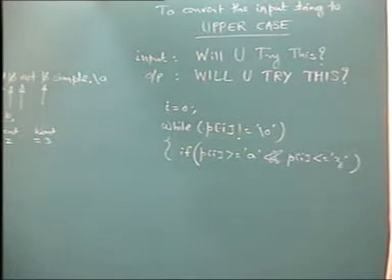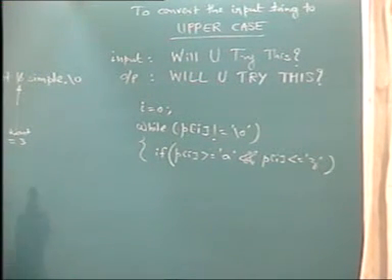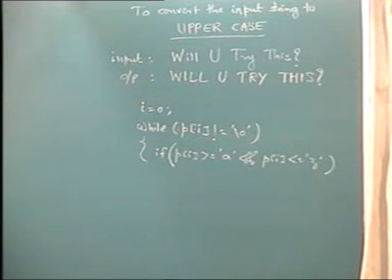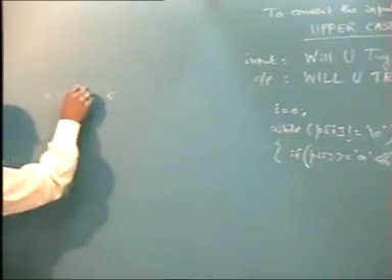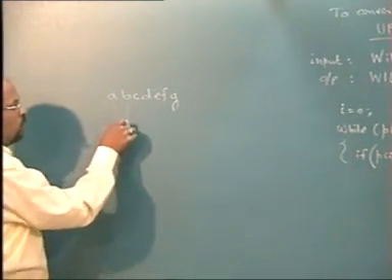How to convert it to uppercase? Remember that in ASCII table these are successive characters. So suppose I have character K like A, B, C, D, E, F, okay, character G. Then 1, 2, 3, 4, 5, 6, 7.